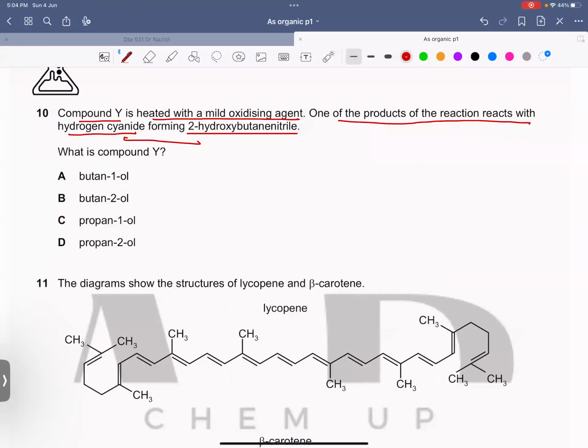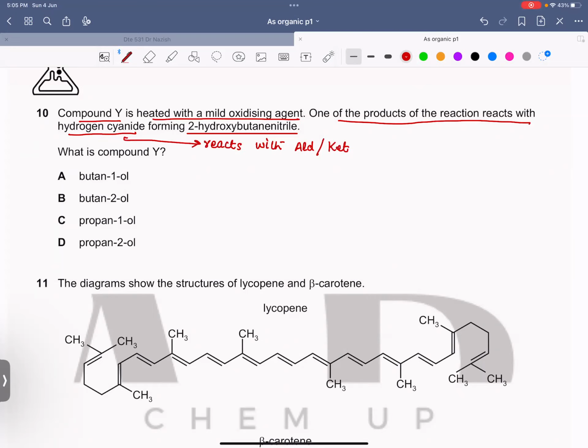So if you recall, hydrogen cyanide reacts with aldehyde or ketone. Okay. And Y on oxidizing with a mild oxidizing agent gives us a product, and that product reacts with HCN. So what I can conclude, 1 minute.